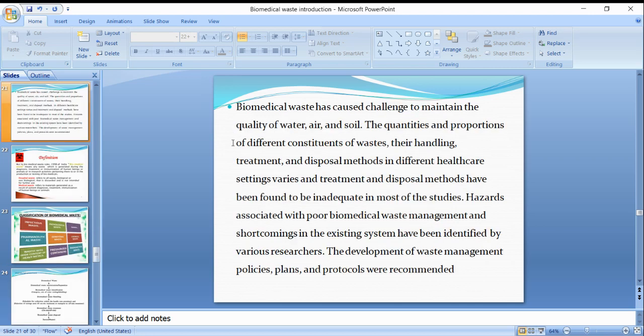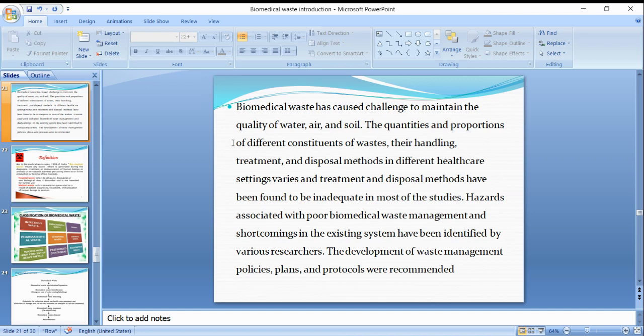So these metals have to be studied. Biomedical waste has caused a challenge to maintain the quality of water and soil. So at last, these are the impacts on the environment, and it became a challenge to control all of this.